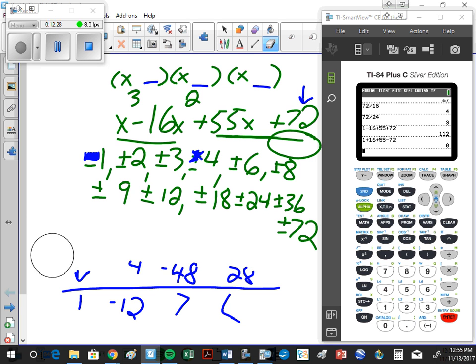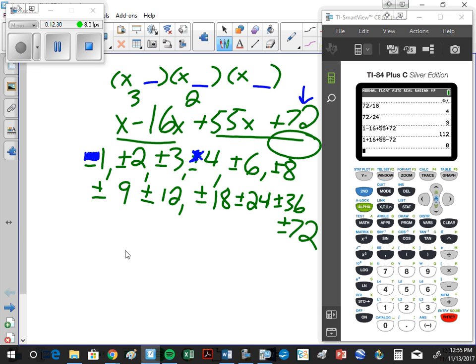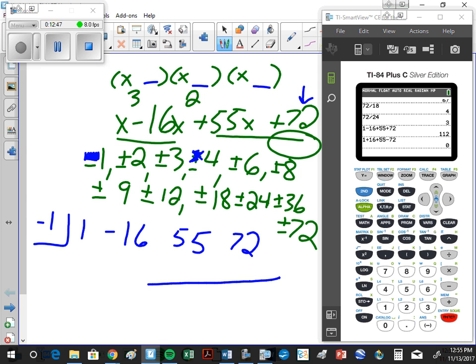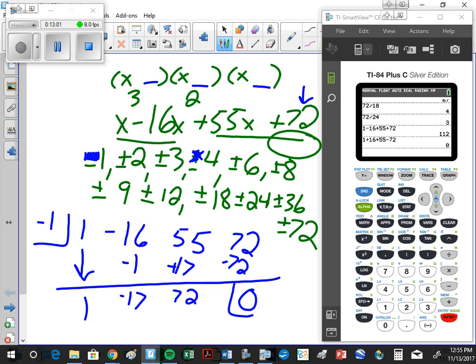Okay, but I know that negative 1 works, but I want to plug in negative 1. How come? That will simplify the equation. So I'm going to type in negative 1, 1, negative 16, 55, and 72. That's 1, negative 1 times 1 is negative 1, which is negative 17, which is plus 17, which is 72, minus 72 is 0.